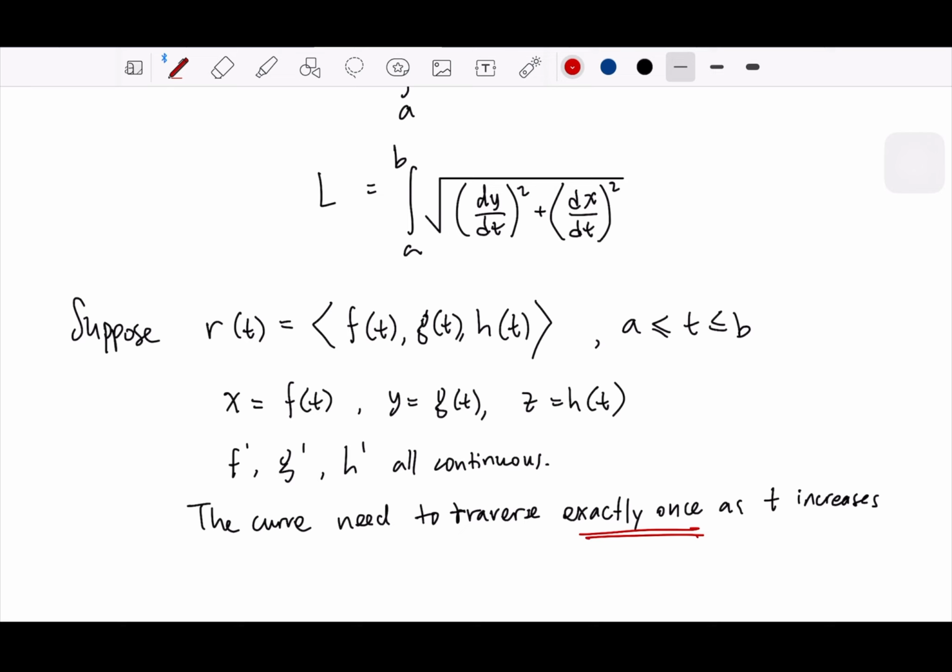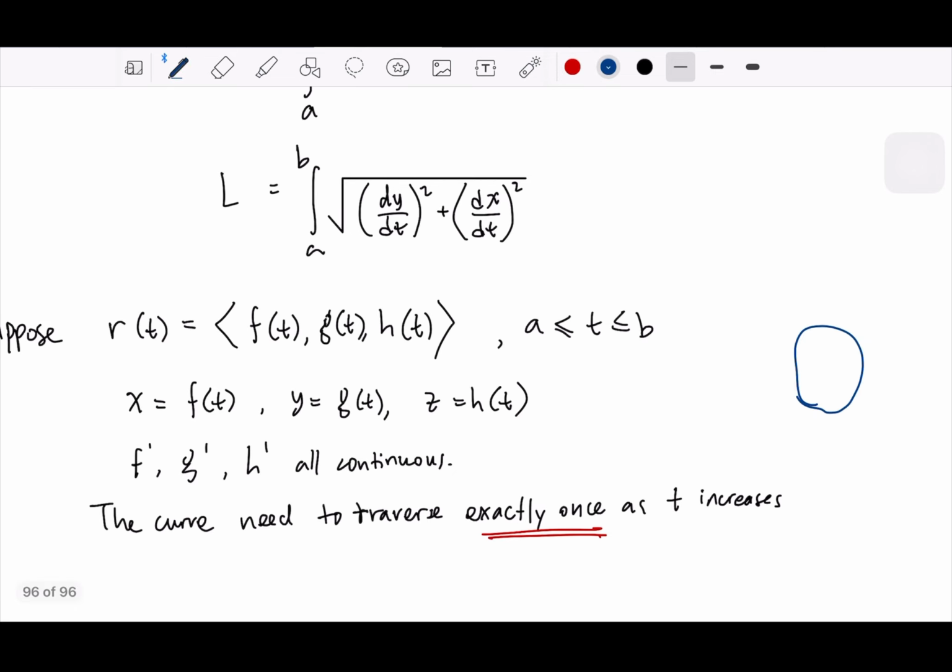For example, the polar one, like I think I mentioned in the early class, if you take circling around twice, then your arc length becomes twice. But in reality, it's only one time, like the circle. For example, you have the circle like this.